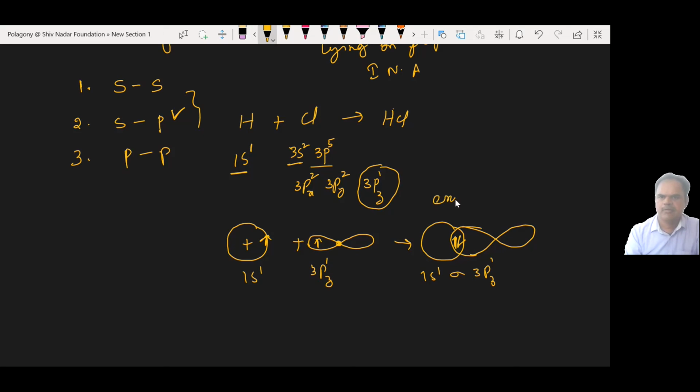When electrons are paired, energy is lowered, and when energy is lowered, the molecule is stable. Here is one nucleus and here is the other. Both atoms are stabilized by forming HCl, with hydrogen and chlorine sharing one electron pair, resulting in one sigma bond, because this is end-on-end overlap. So this is an example of sp overlap.